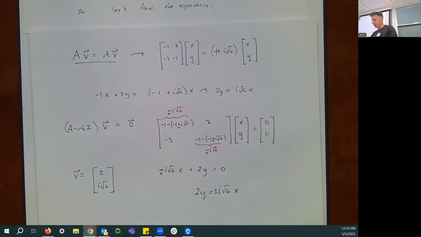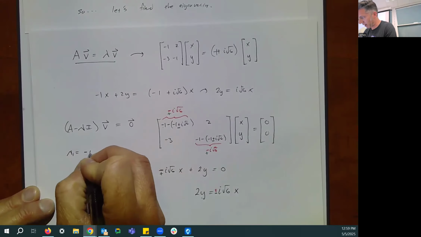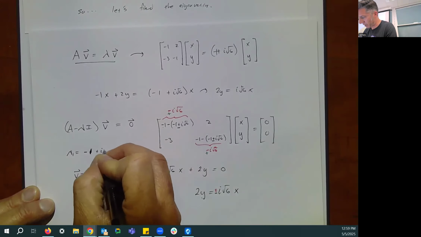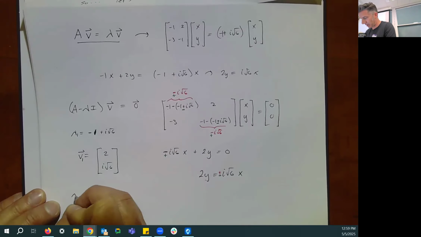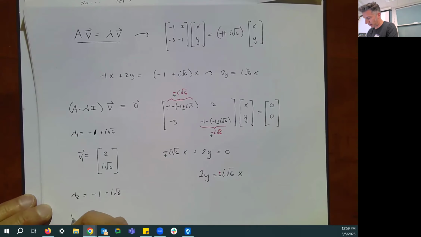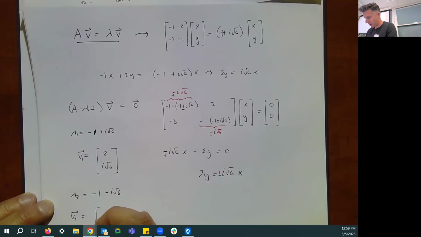So my other eigenvector: if my first eigenvalue is -1 plus i√6 and my eigenvector is (2, i√6), my second eigenvalue is -1 minus i√6, and the associated eigenvector is the same, except you change the sign of the imaginary part into -i√6.